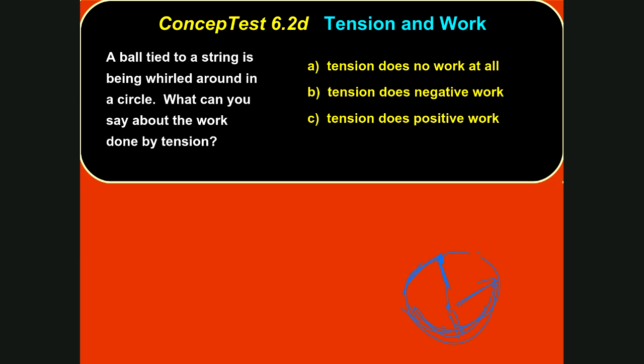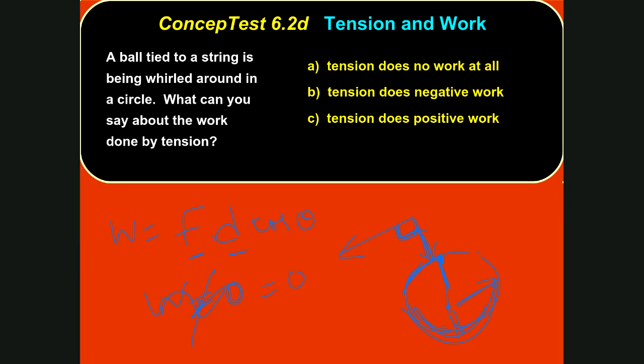You can understand displacement is this way, force is in this direction. What is the angle between the two? We know that work done is force times distance times cosine of theta, and theta is the angle between the force and the displacement. If this angle is 90 degrees, you have done no work. Work done is equivalent to 0.